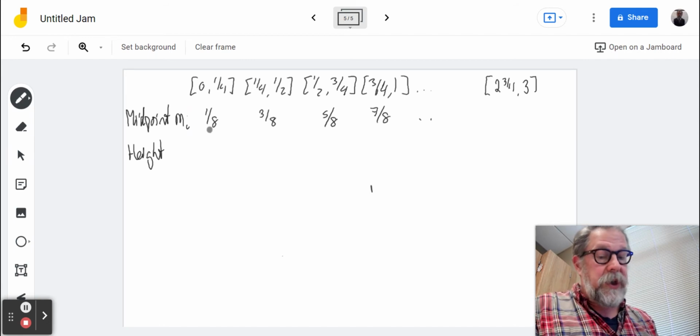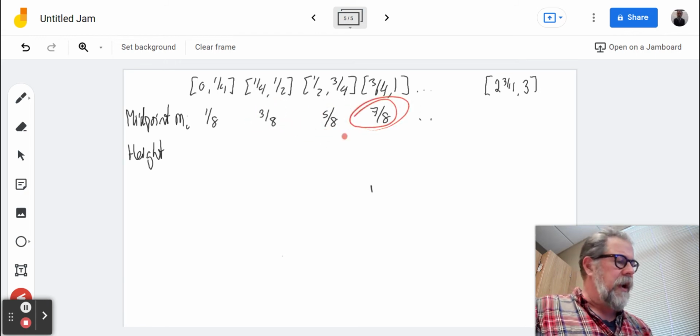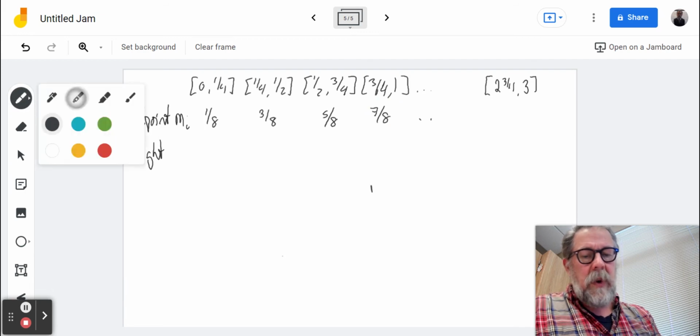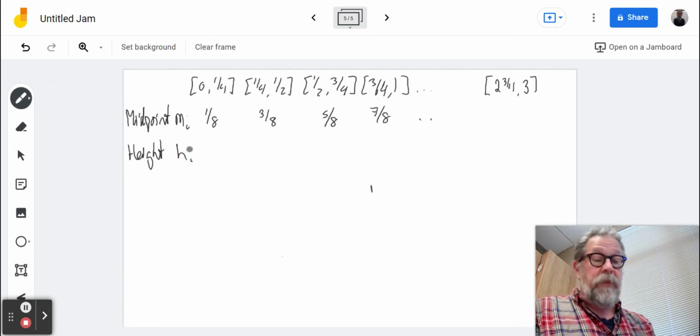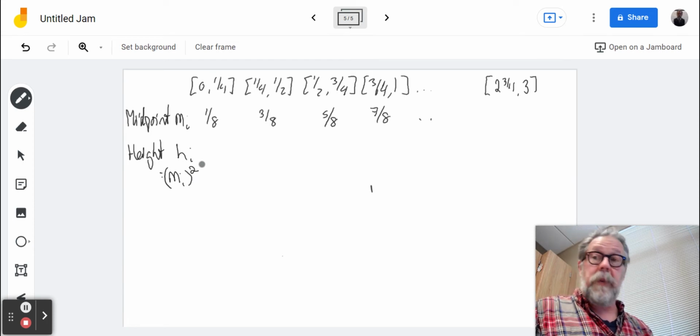So this is the first midpoint, m sub 1, m sub 2, m sub 3, m sub 4. Just an easy way to keep track of what I'm doing. And so the height of the midpoint, h sub I, will just be equal to that midpoint value squared.